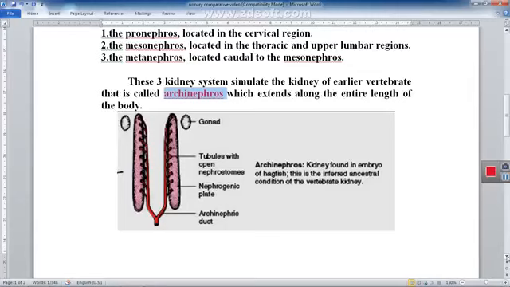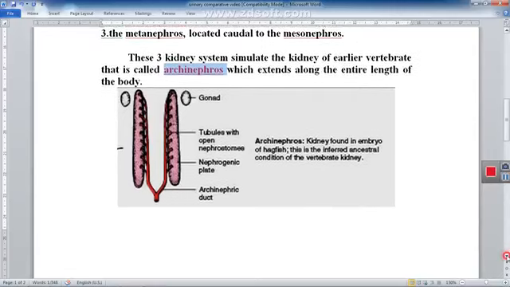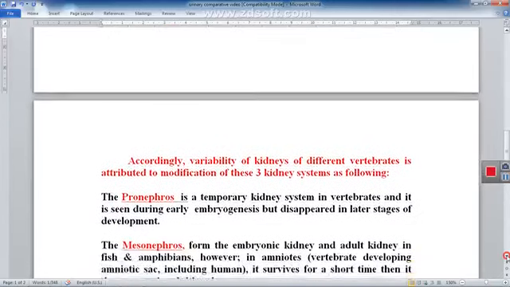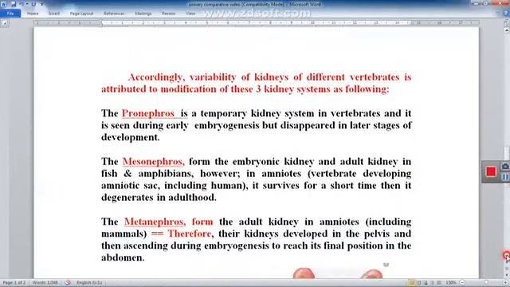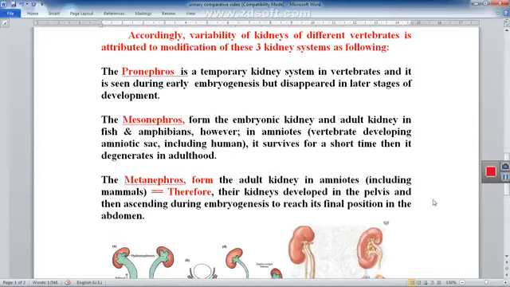the higher vertebrates show segmentation of the kidney to be derived from part of these three systems. For example, the pronephros generally is found only during embryonic life.